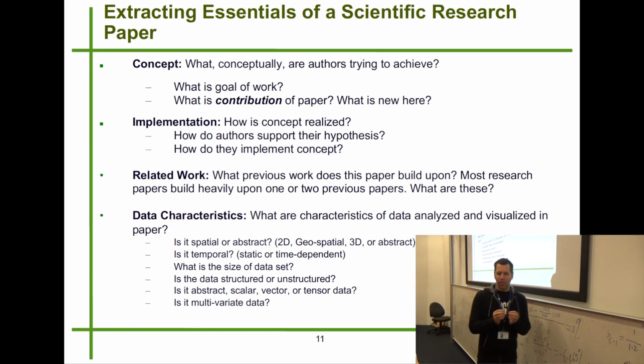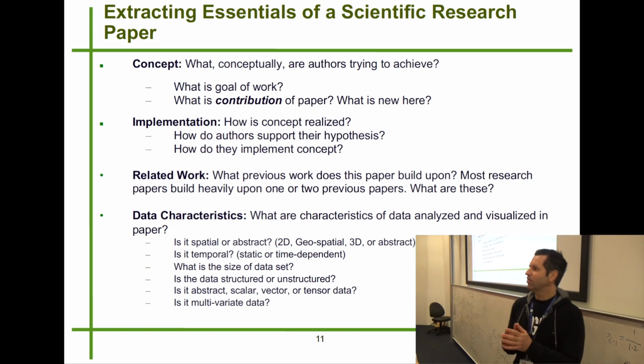And anybody know where you can find the concept of a paper, if you're sitting there reading it? Abstract. Yes, you can find it in the abstract. Any place else besides the abstract? Results at the end, conclusion. I wouldn't look there. Introduction, exactly, good. You guys are going to do well on this, I can see.